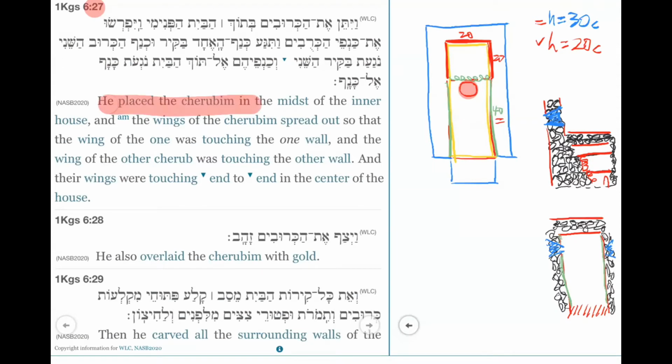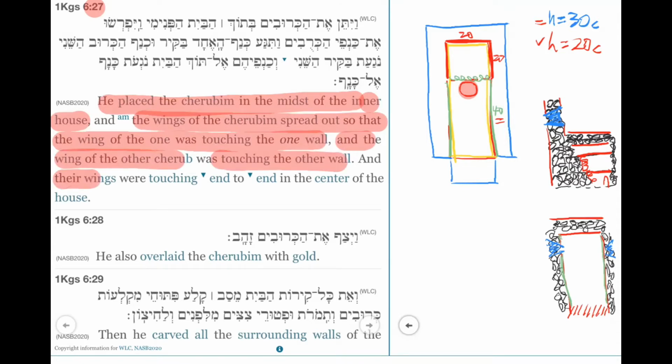He placed the cherubim in the midst, in the inside of the inner house, which is at the back, which is the Holy of Holies. The wings of the cherubim spread out, that the wing of one was touching one wall, and the wing of the other cherub was touching the other wall. And their wings were touching end to end in the center of the house.